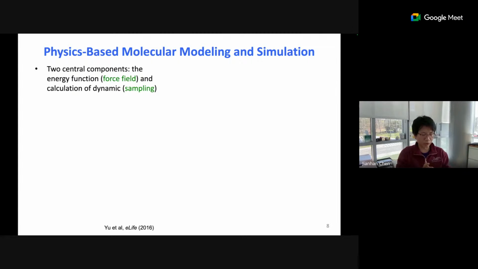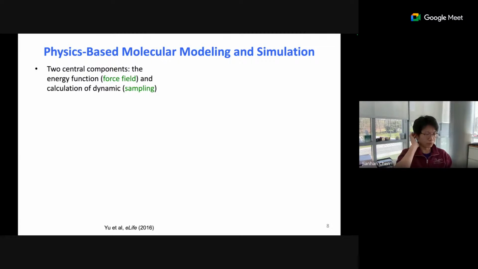There are two key components when we go about simulating biomolecules or any chemical systems. One of the components is usually referred to as the force field, which is really the energy function. It's a mathematical equation that, given the conformation or the coordinates of all the particles in the system, estimates the energy, right? It calculates the interactions of the system.